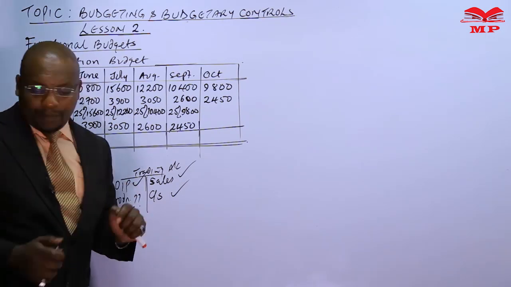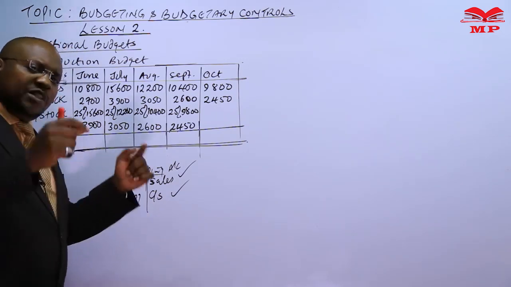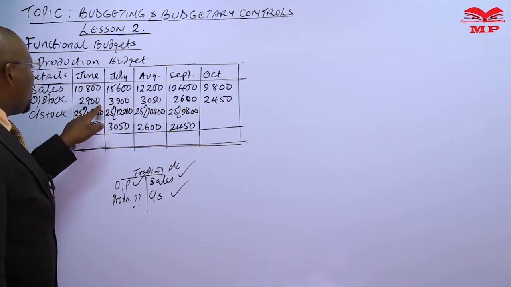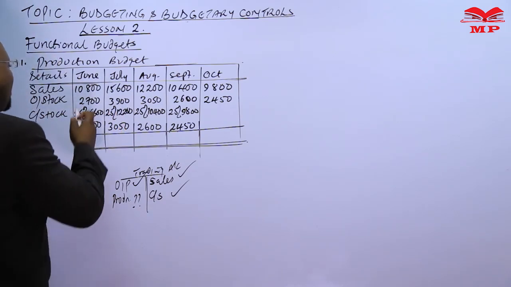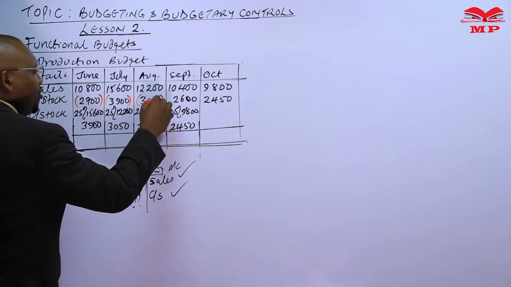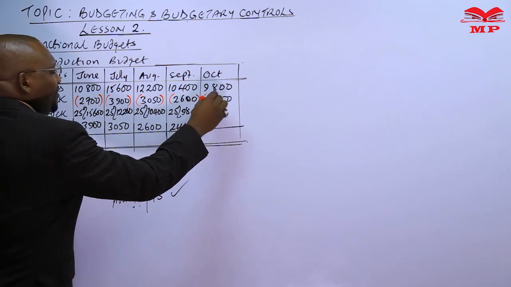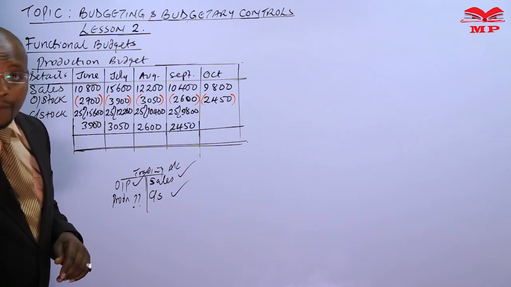Another reason we subtract the opening is because the opening was not a production of this period. Like now, this 2,700 was not produced in June. It was produced previously in the month of May. So we have it as negative, because they are not the production of that month. They are productions of the previous month. So with that, we can get our production here.